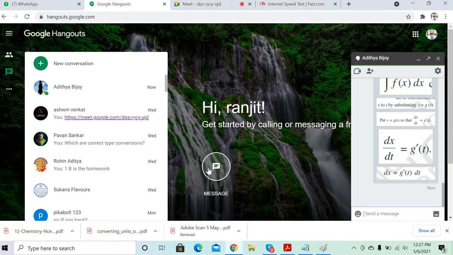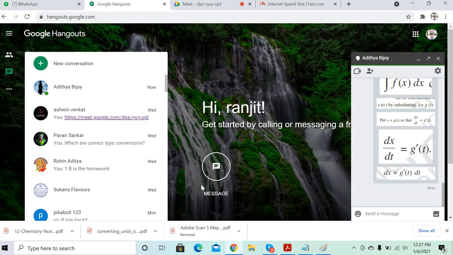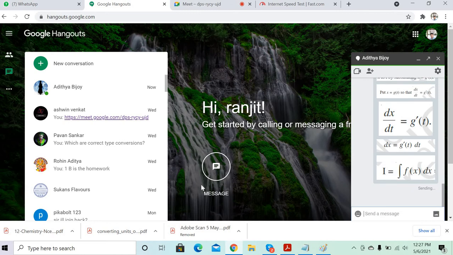Now what do we do? Our goal was to integrate f of x dx, isn't it? Now we'll substitute dx as g dash t dt and x as g of t. We'll substitute in f of x dx whatever values we got: x is equal to g of t, and dx as g dash t into dt.